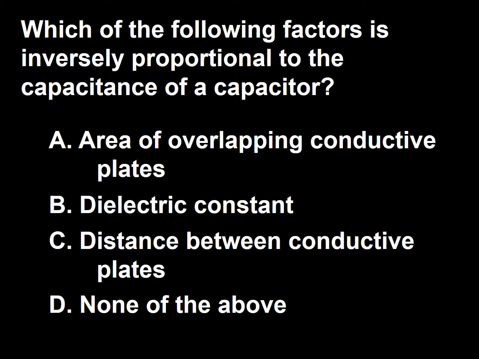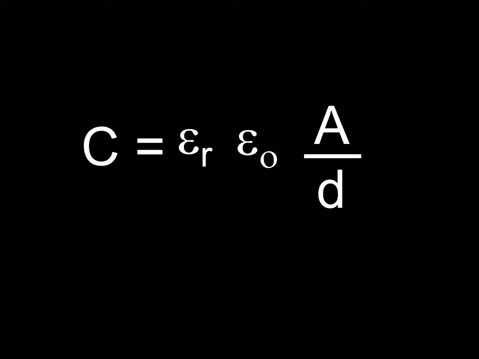Next question. Which of the following factors is inversely proportional to the capacitance of a capacitor? A, the area of overlapping conductive plates, B, the dielectric constant, C, the distance between conductive plates, D, none of the above. This formula reveals the relation between capacitance and other relevant factors.